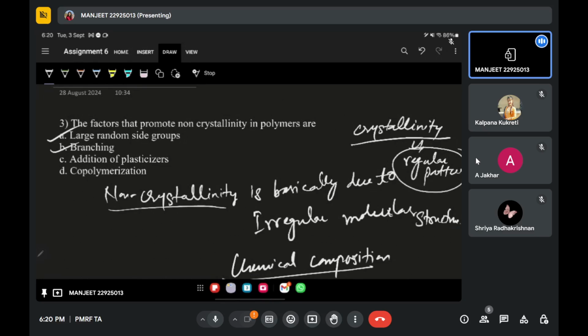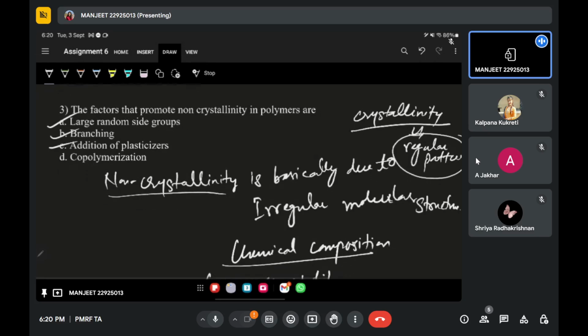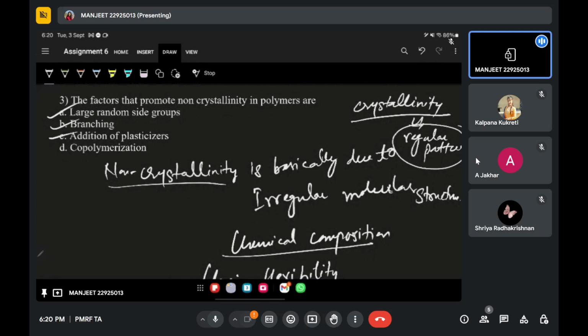In the C part, the addition of plasticizers, yes, we already told this. The addition of plasticizers also gives you the non-crystalline nature. And the copolymerization. What is copolymerization?